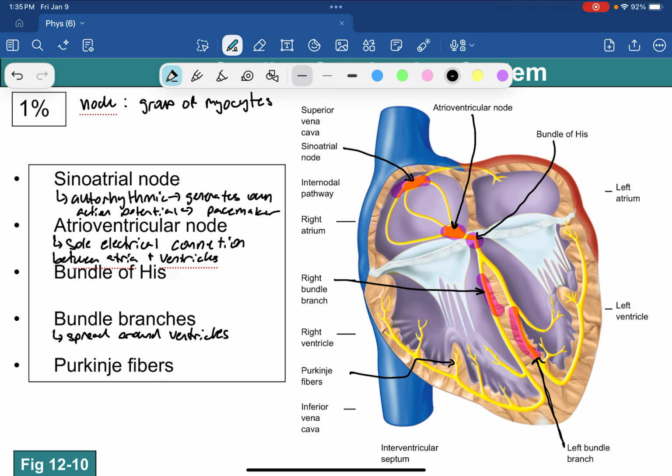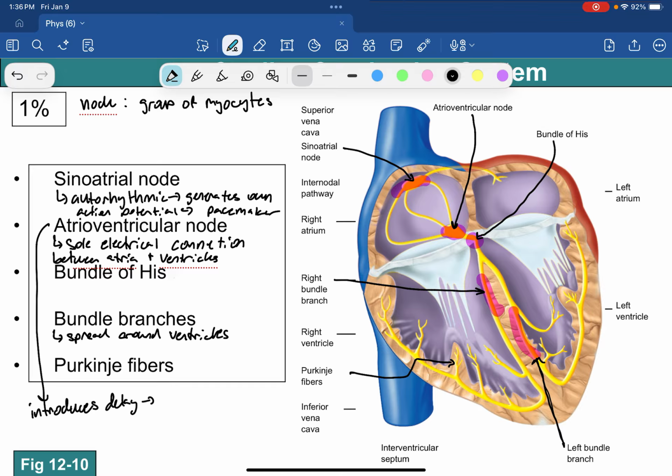Before we move on, I just want to reiterate the pattern that occurs here. The SA node initiates the heartbeat and sends signals that spread across the atria, and it reaches that AV node. That then introduces a crucial 0.1 second, or 100 millisecond, delay before passing the signal on to the ventricles through the bundle of His. So our node, we can add this down here, introduces delay.